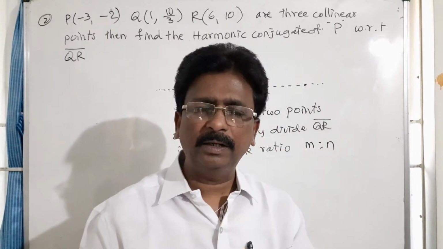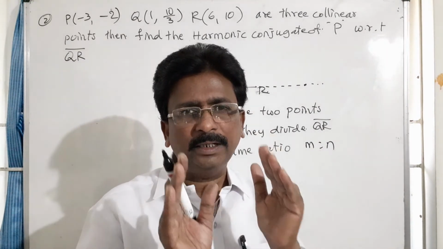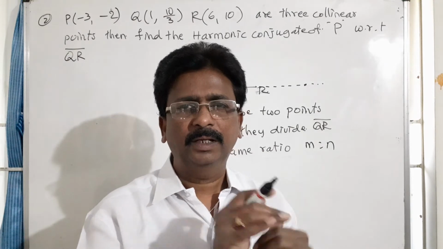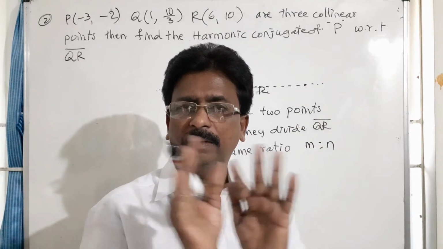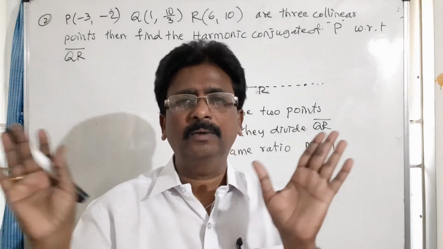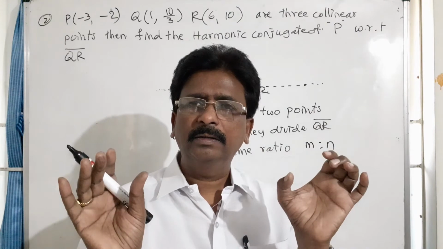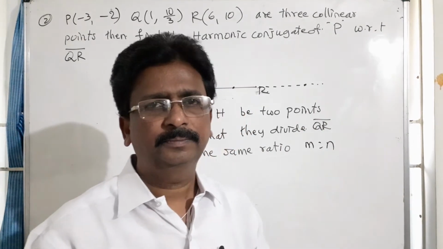How is it possible? It is possible if one point is an internal point and the other is an external point. Out of P and H, one is internal, the other is external; then only is it possible that they divide QR in the same ratio.